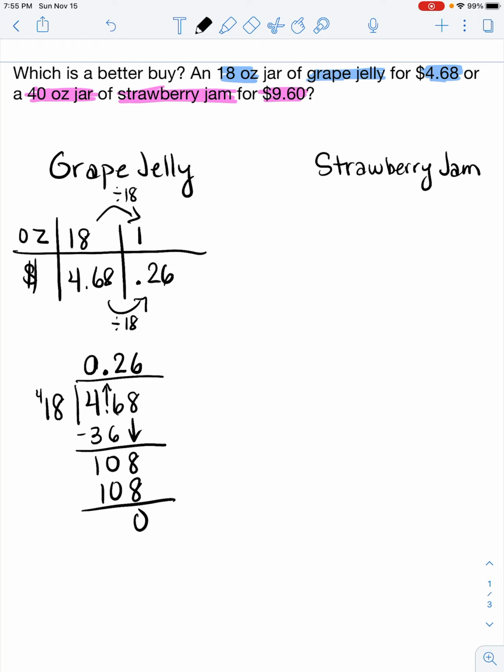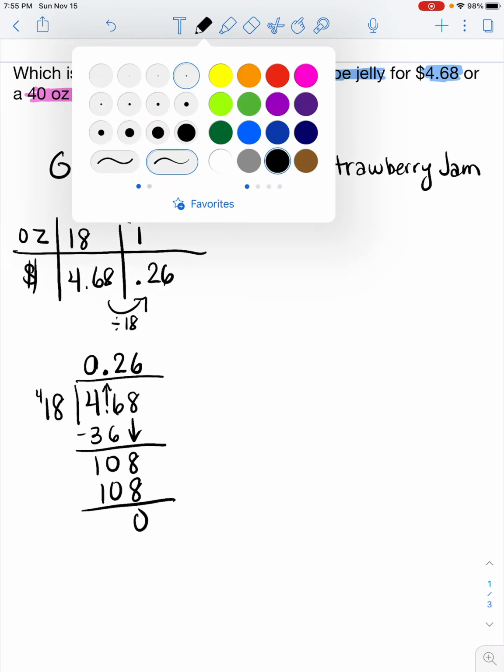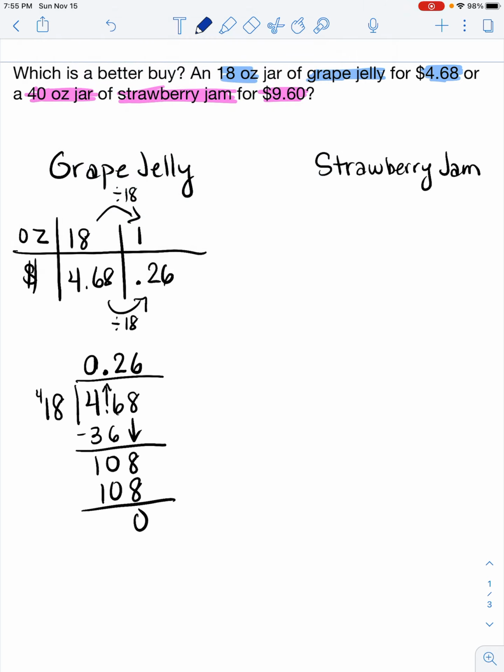Okay, now let's do our strawberry jam using fractions so that we get both of these covered. Okay, so for the fraction, we have to have the ounces in the denominator because we want per ounce, so we want our denominator to be 1. Okay, so what do we have?